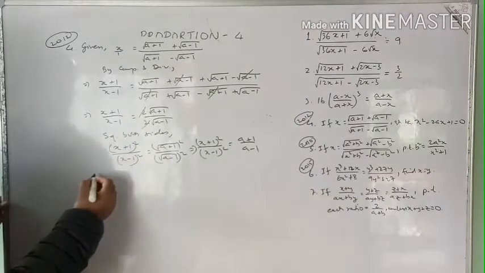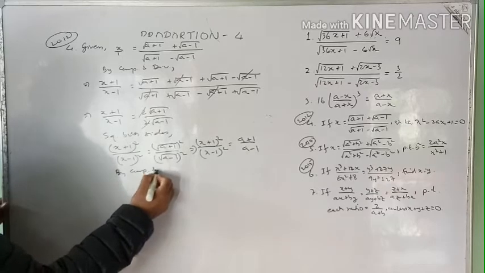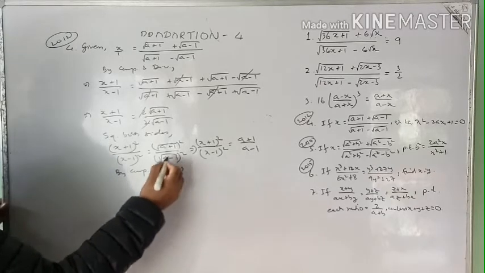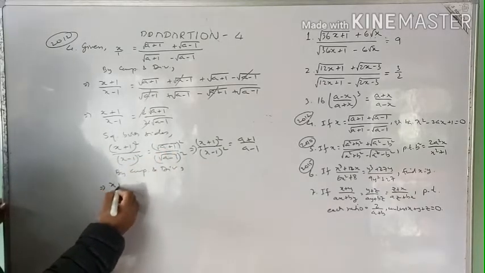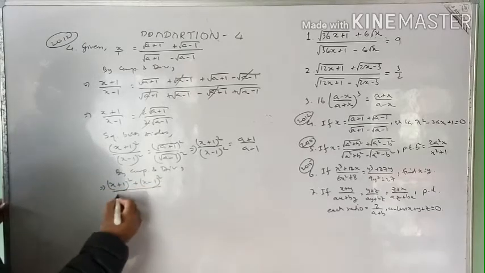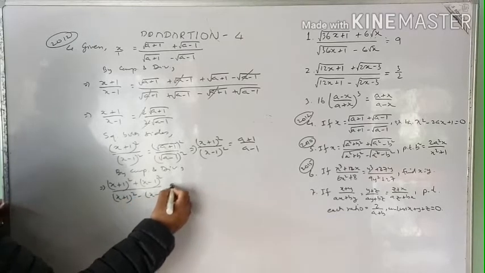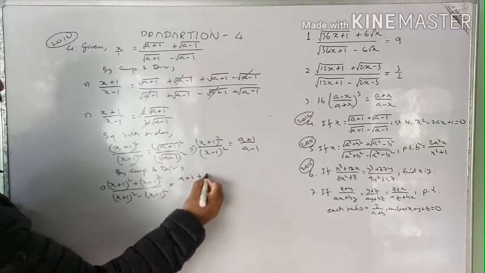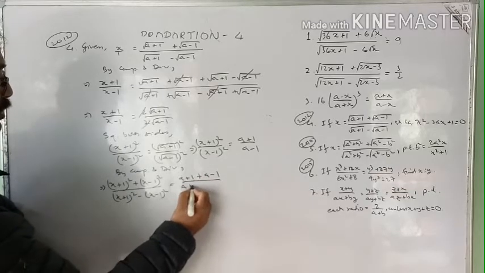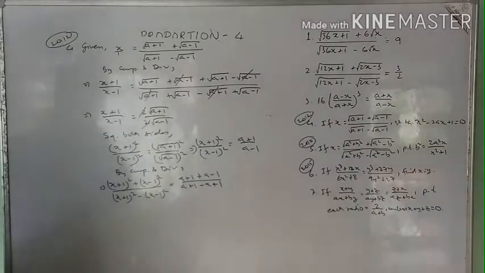So use componendo dividendo once again. So by componendo and dividendo again, what we get, x plus 1 whole square plus x minus 1 whole square, x plus 1 whole square minus x minus 1 whole square equal to a plus 1 plus a minus 1, a plus 1 minus a minus 1, because sign will change.